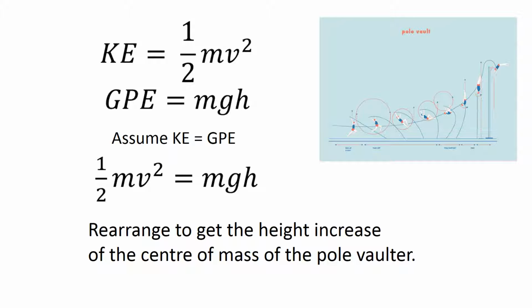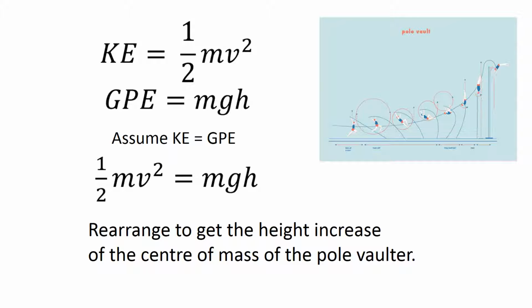This is a relatively trivial rearrangement. I'll just move that up there, and then we'll be able to draw on the board. All we need to do is divide both sides by m and by g.